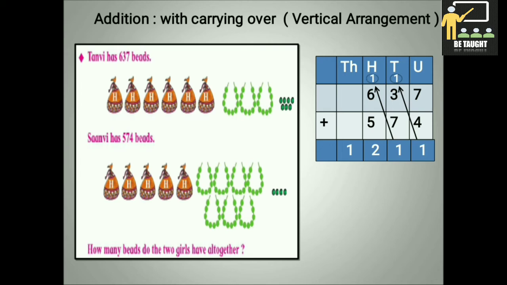Hundreds place, 6 plus 5 is 11. So we write 1 in the hundreds place and 1 is carried over to the thousands place. Since there is no number in the thousands place, that carryover 1 will come down and our final answer will be 1211 beads.